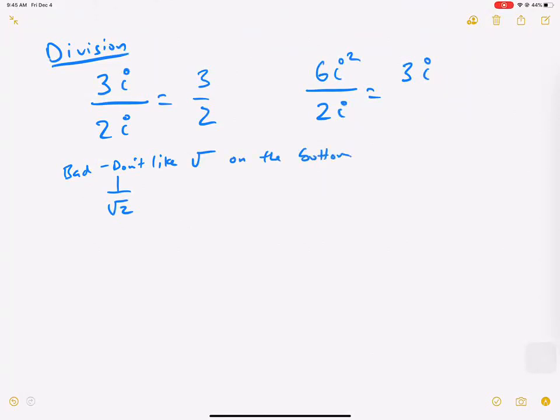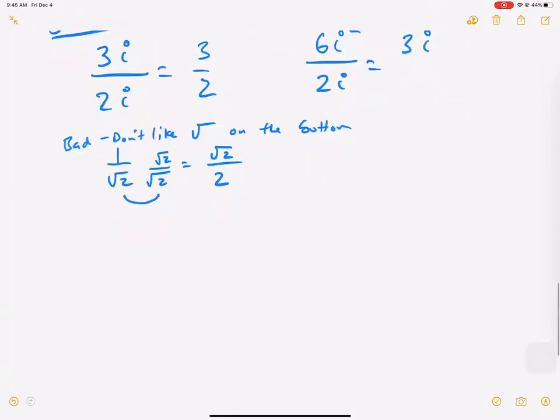If you remember how we got rid of this, we multiplied the top and bottom by a square root of 2, and rewrote this as square root of 2. 2 times 2 is 4. Square root of 4 is 2. So to get rid of a square root of 3 on the bottom, we multiply both the bottom and the top by a square root of 3. And 3 times 3 is 9, square root of 9 is 3.